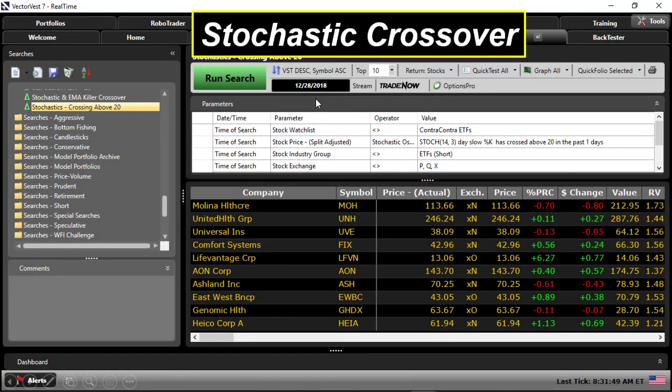So here, okay, on December 28th, 2018, this is what the stochastics crossing above 20 search would have looked like on that day.